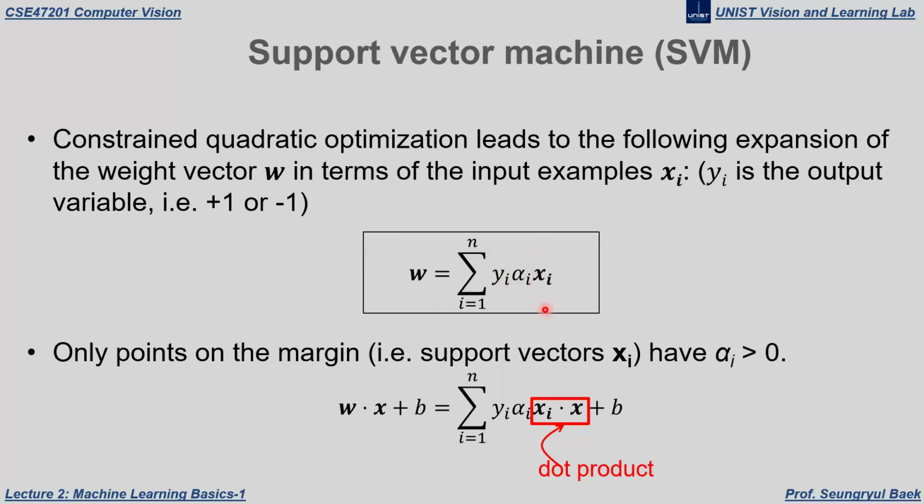The W can be obtained by summing over all the samples in the graph. Okay, this W actually has a closed form solution like this.